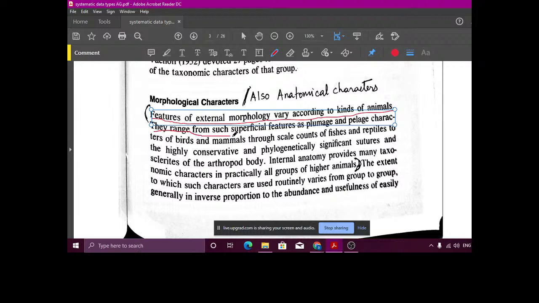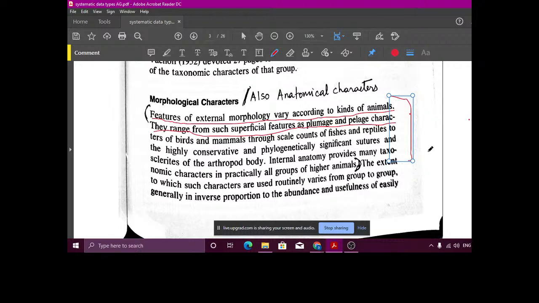They range from superficial features such as plumage and pelage. The feathers of a bird are known as its plumage. So for example, all parrots have a green body and a red beak.